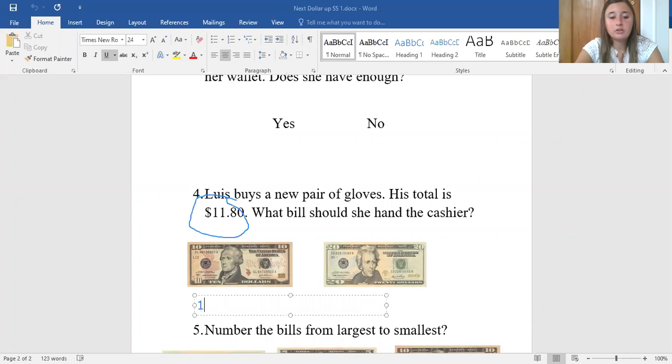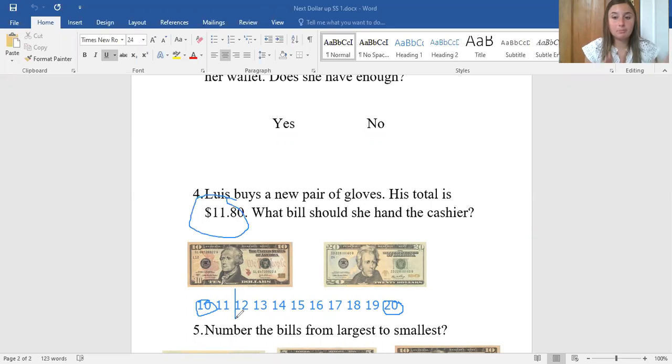So I'm going to start at the 10. Okay, so I know that I have a $10 and a $20 bill, so I'm going to circle those on my number line. What Luis owes is $11.80, would be right between this 11 and 12.